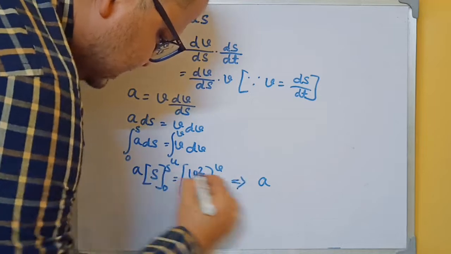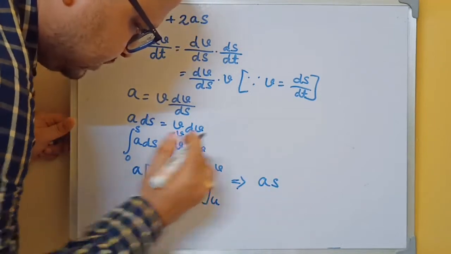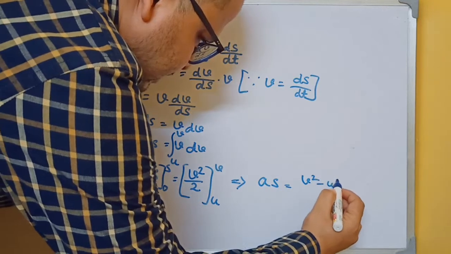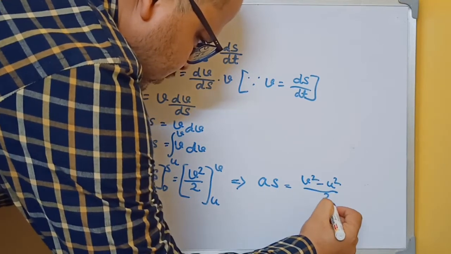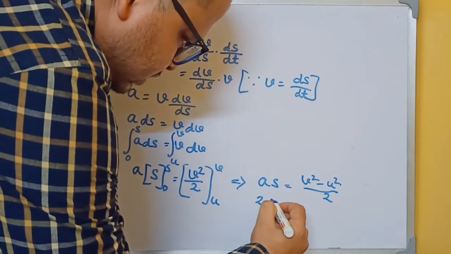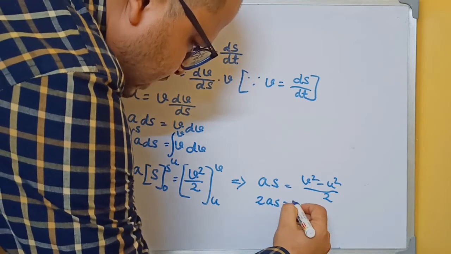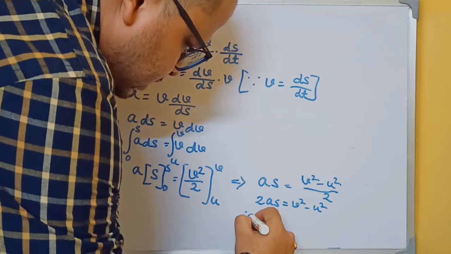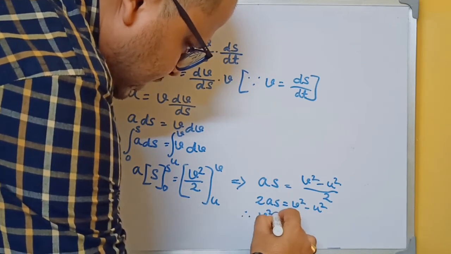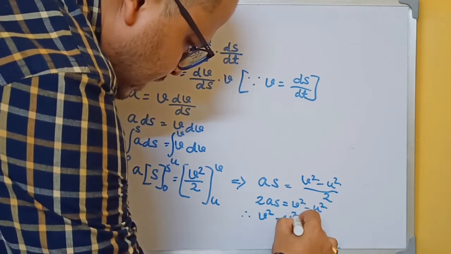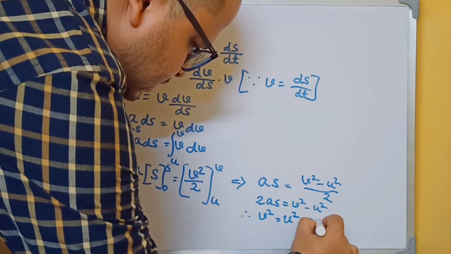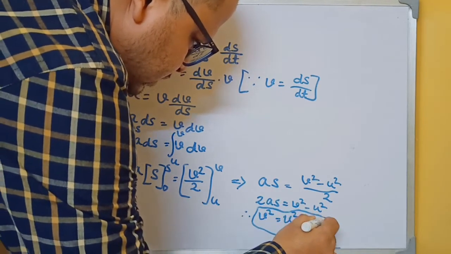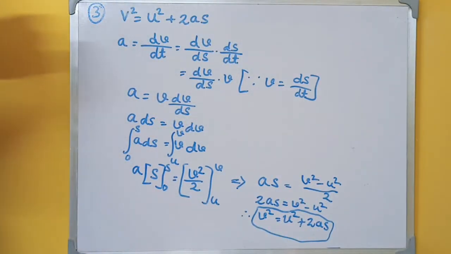Here a into s is equal to v square minus u square by 2. Now multiply here, 2as is equal to v square minus u square. Therefore v square is equal to u square plus 2as. Hence proved the third equation also using calculus.